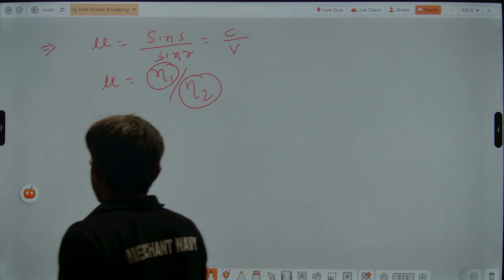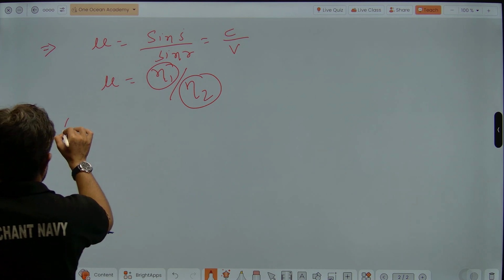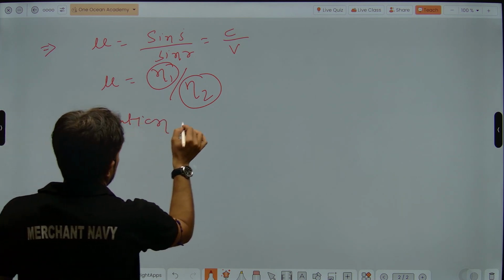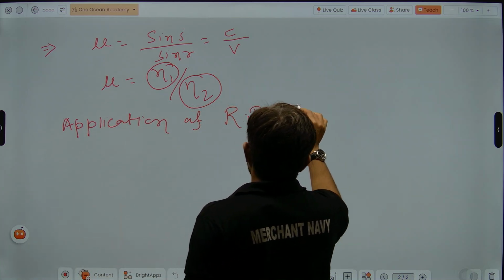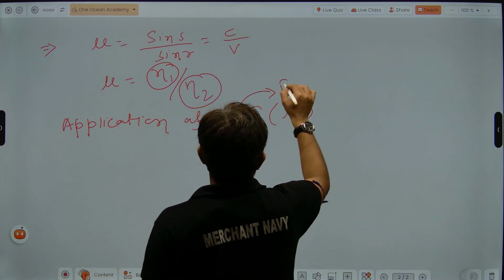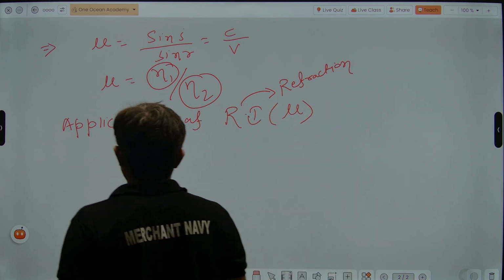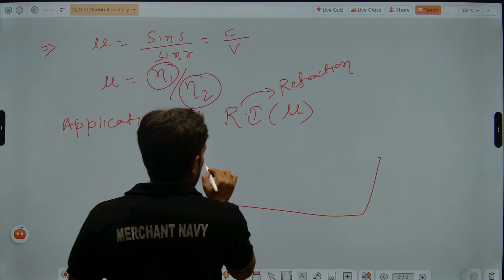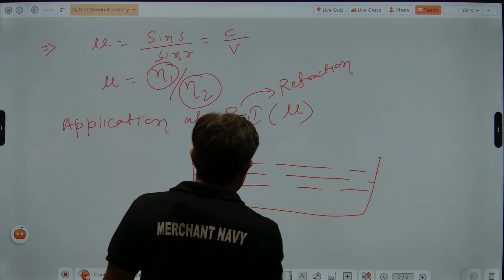So now let us try the application of refraction, not refractive index. Suppose this is a glass filled with water.